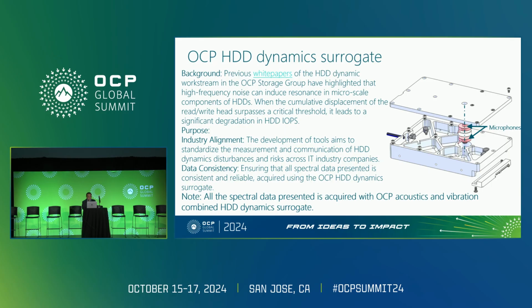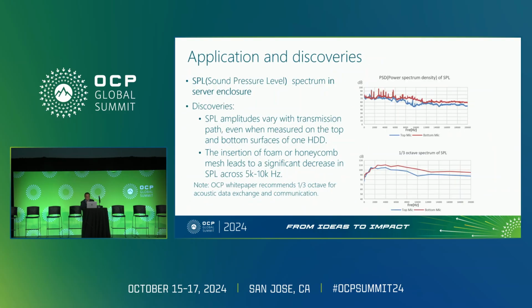All the spectral data presented is acquired with the OCP acoustics and vibration combined HDD dynamic surrogate. With it, we can get SPL, which is sound pressure level, spectrums in the server enclosure.